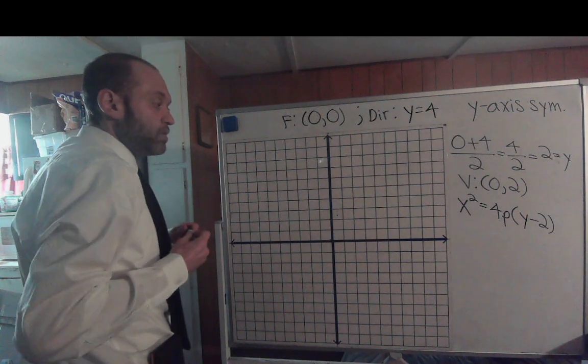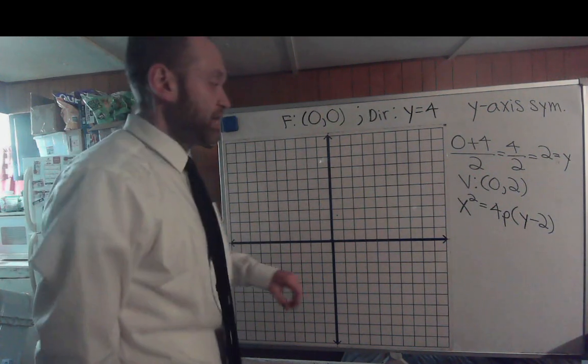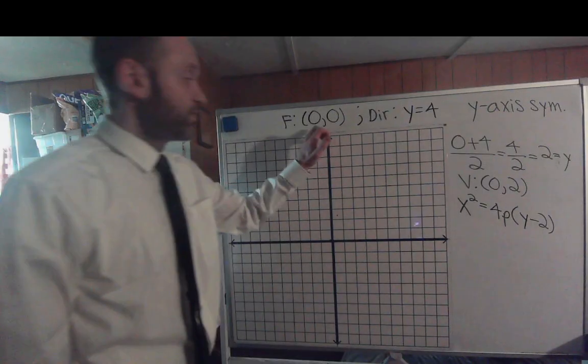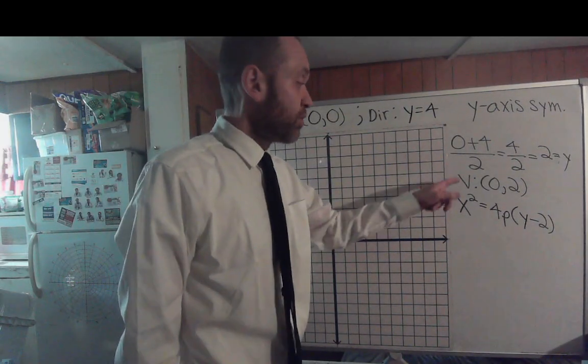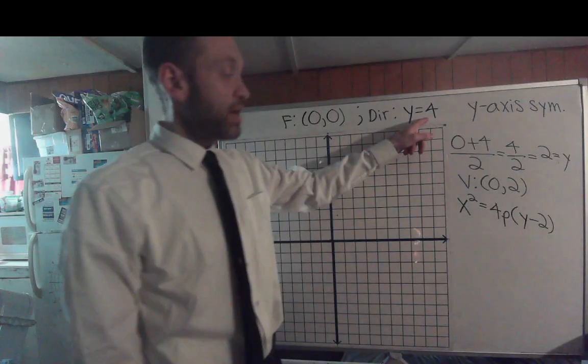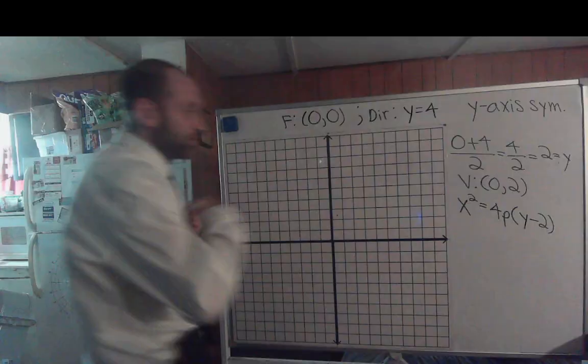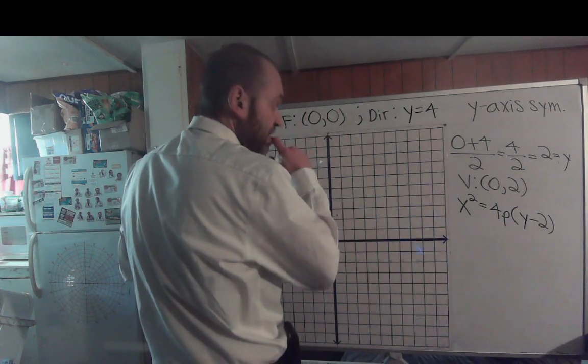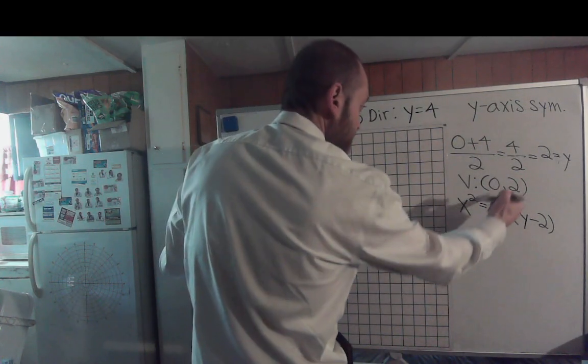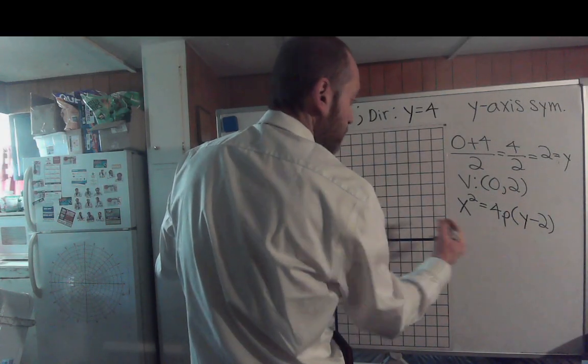Now, again, you have a choice. You can either go from your vertex to your focus and solve for p, or from your vertex to your directrix and solve for p. I'm going to go from vertex to focus every time. So y-axis symmetry, that means we need to figure out for the y variable.